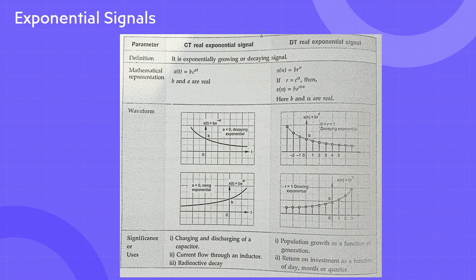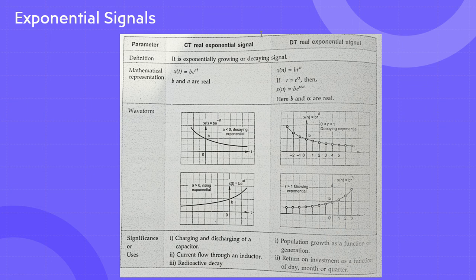So before seeing the graph, I wanted to see the mathematical expression of the same. What does the mathematical expression of my continuous time real exponential signal say? By the way, in this exponential signal we are going to discuss only the real exponential signal. We are not going to discuss the imaginary part of that. In order to discuss the imaginary part, we have to go into complex numbers.